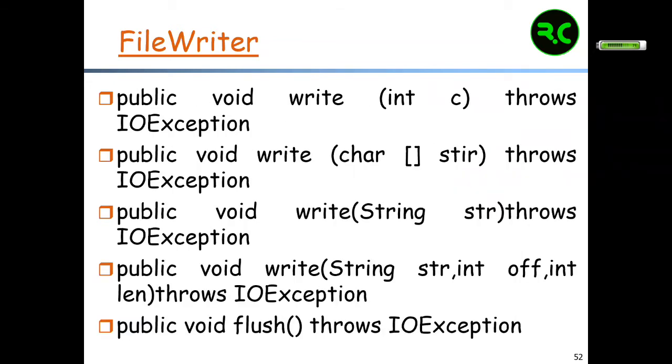And the FileWriter has so many methods. One is the method to write directly the characters. The second type of method takes a character array.